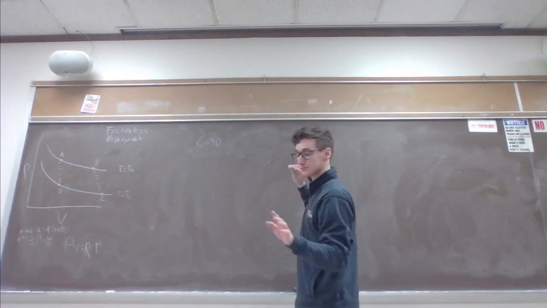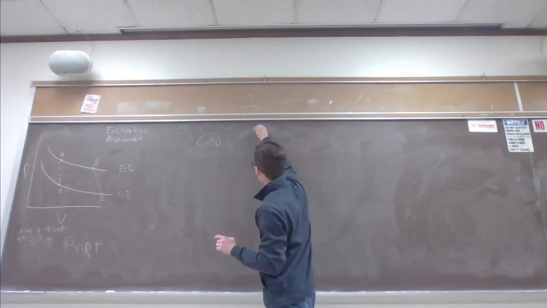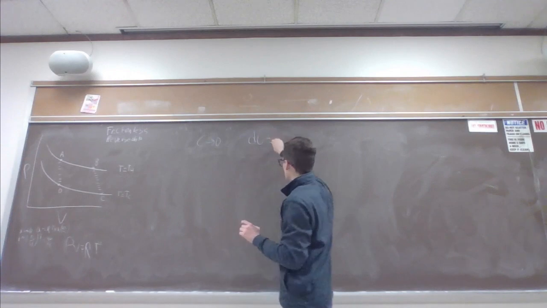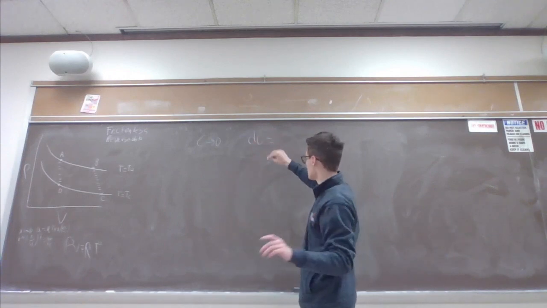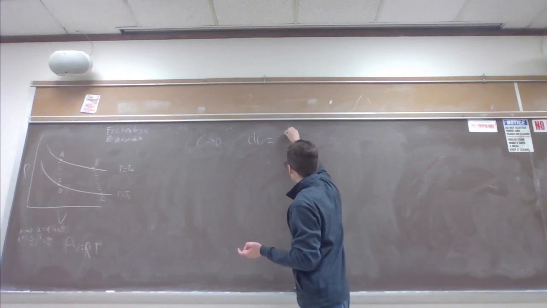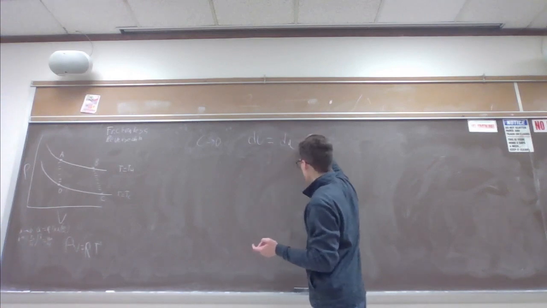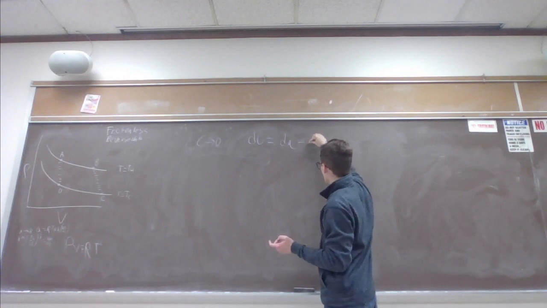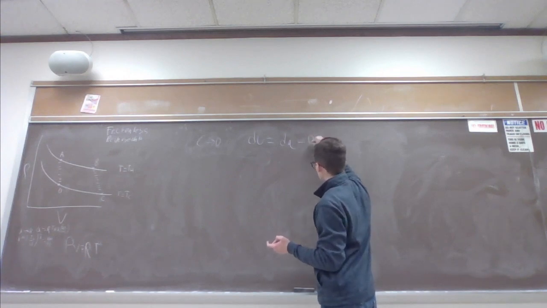But I'm getting ahead of myself. So we would have dU, and remember again, everything is reversible. We would have dU equals dQ minus P dV. All right.